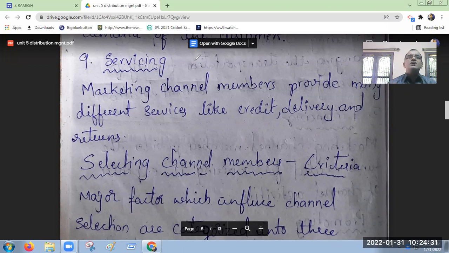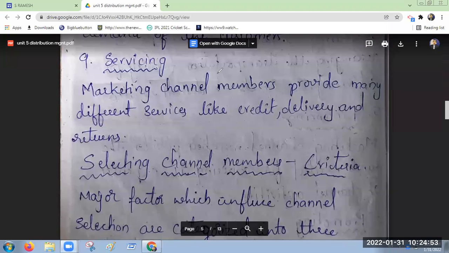Not only credit facility, home delivery, and return, but on an installment basis also, customers can purchase from the different channels. Okay? So these are the normal services provided by the channels of distribution. Okay, these are the functions.